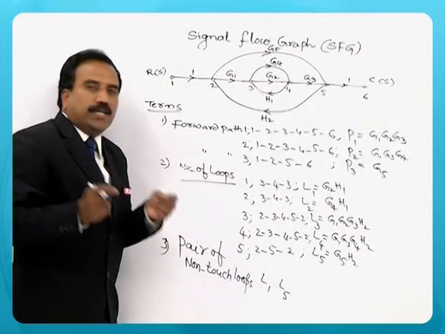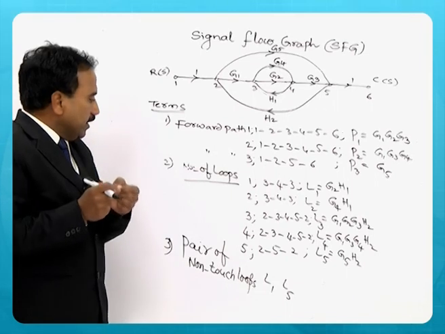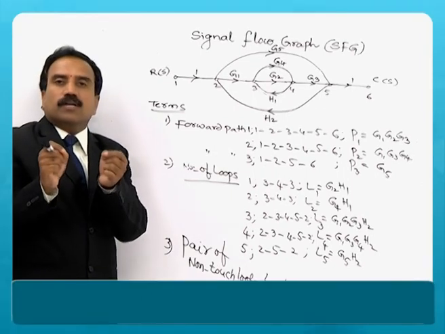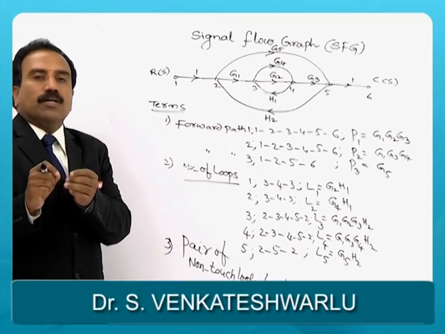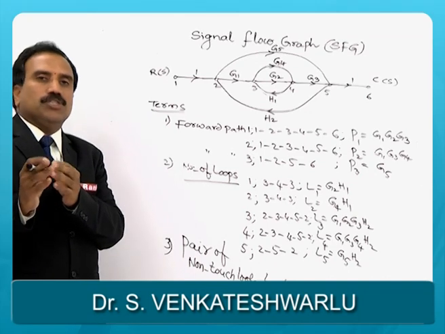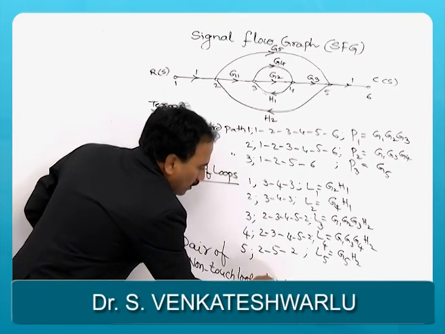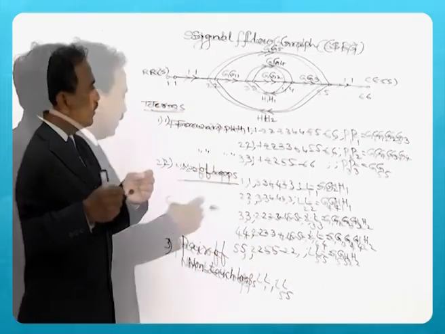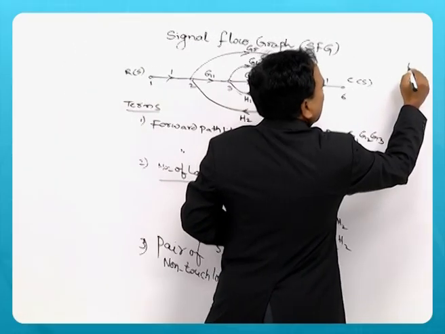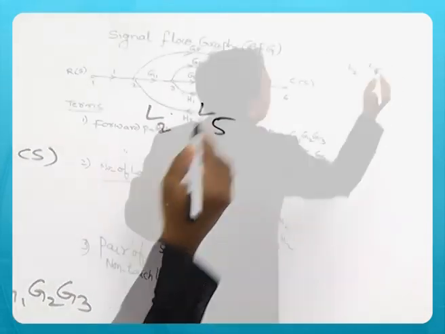So this is one pair. I have identified that L1 and L5 pair is non-touch loop. So I need the product of such non-touch loop pairs. So L1 and L5 is one pair, second pair is L2 and L5.